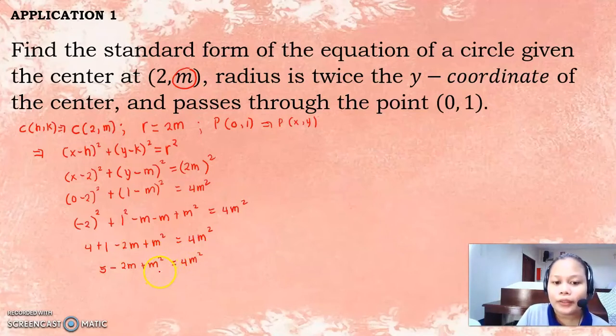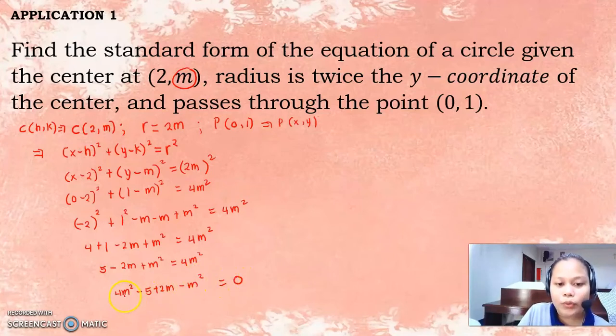So we are going to equate this equal to 0. So we have here 4m squared minus 5 plus 2m minus m squared is equal to 0.